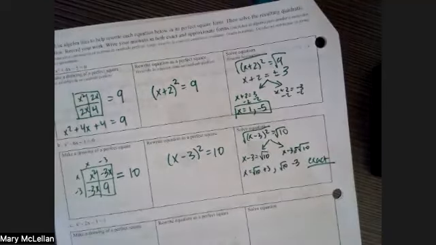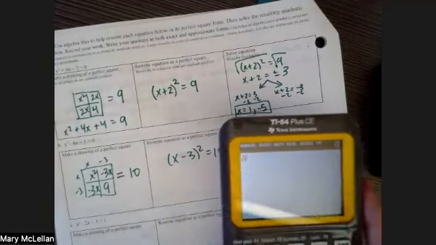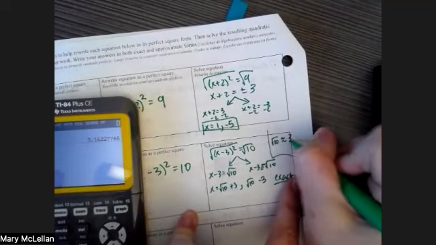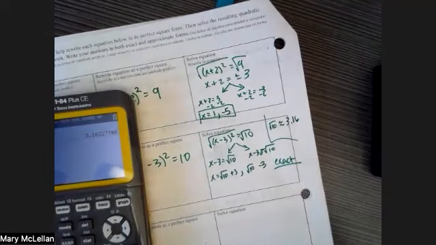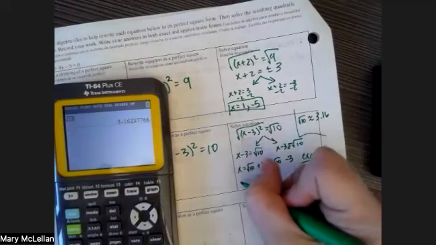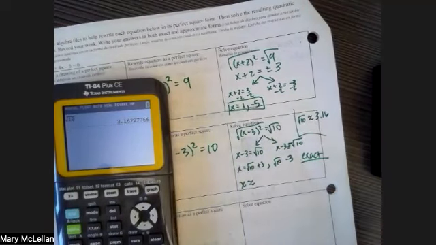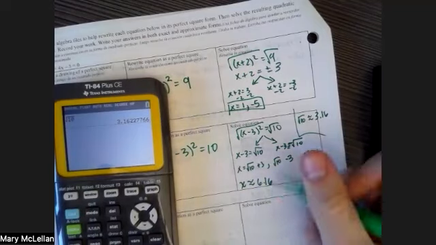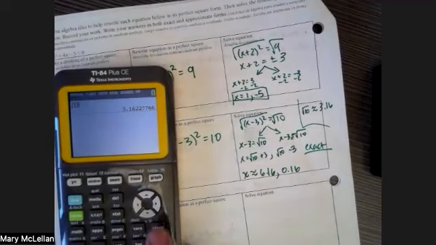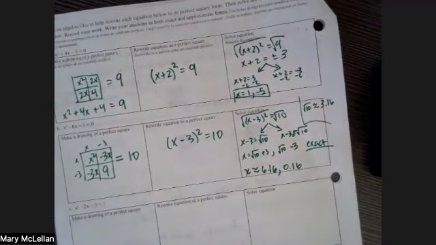If I want to make it approximate, which I do, I take the square root of 10, which is about 3.16, and I add that to 3, and I take 3 from it. So I get x is approximately 6.16 and 0.16.